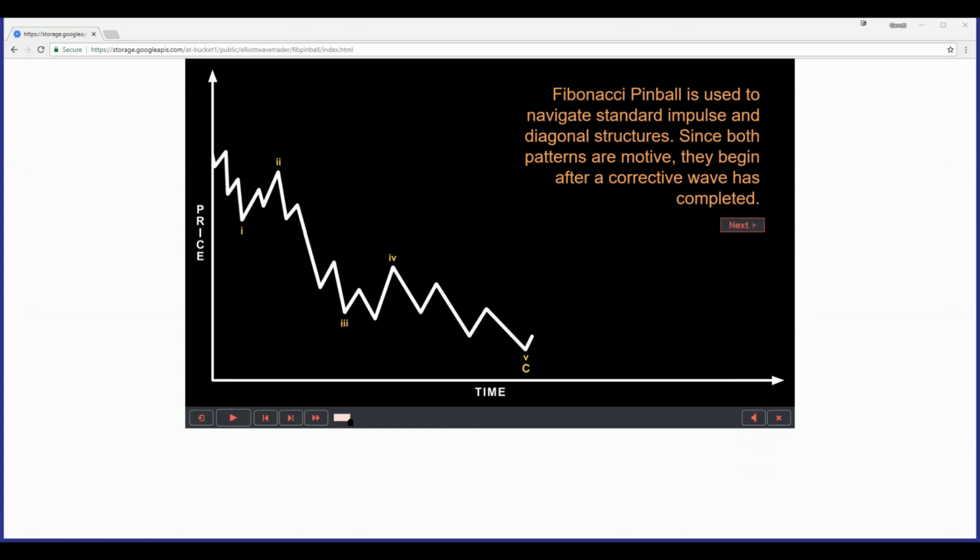Next question from Sergio. He asks, can a corrective wave go beyond C, or does it turn into a new trend after C? A corrective wave, it depends on what corrective wave you are referring to. Let me go back to this slide here, just so that I can illustrate it.